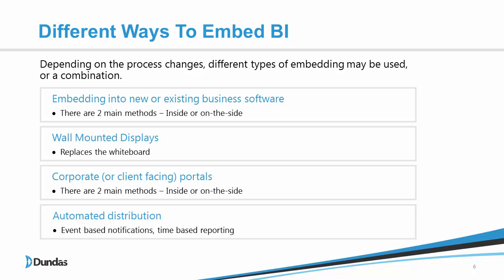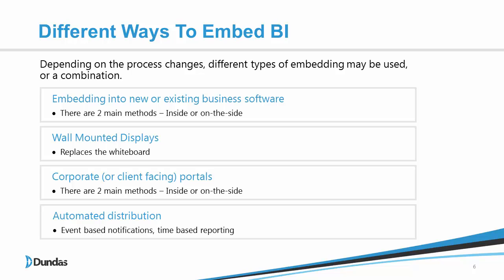One of the areas that I find the most valuable as a good starting point, because you have a really good return on the amount of work it takes to put this in place, are wall-mounted displays of dashboards. So it's not interactive, but it is a great way to get people to focus on the numbers you want them to focus on. So it's using a lot of techniques used in marketing for brand awareness. So what we want to do is get the numbers in front of people.